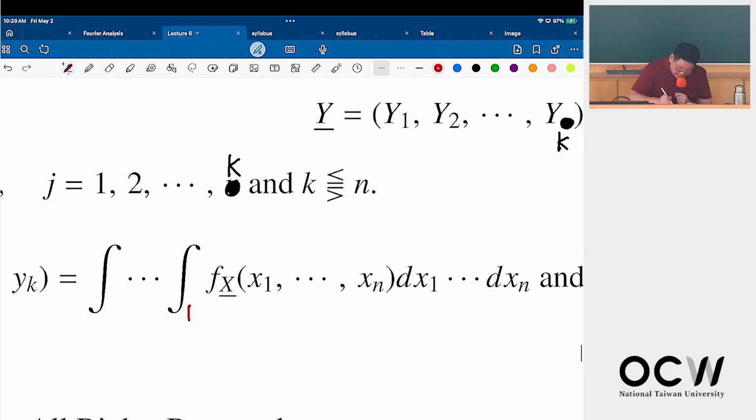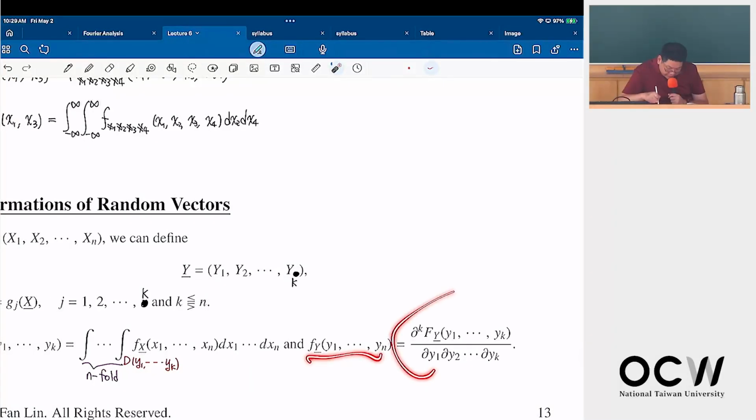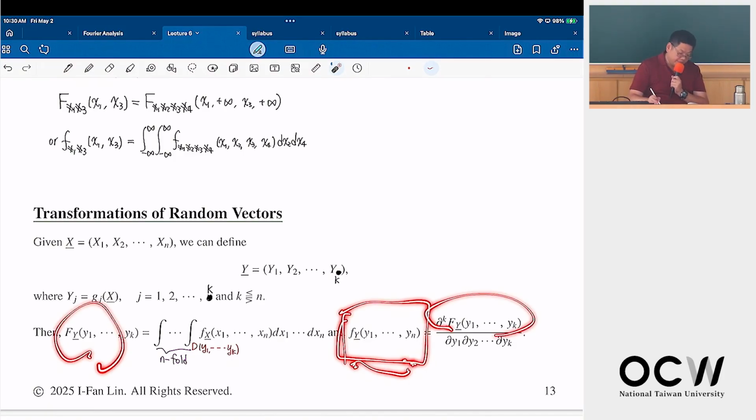This is a region from y1 to yk. And here I have an n-fold integration. And the PDF, just take the derivative of your CDF. This is the general way to find your PDF. Having the CDF, take the derivative to get your PDF.